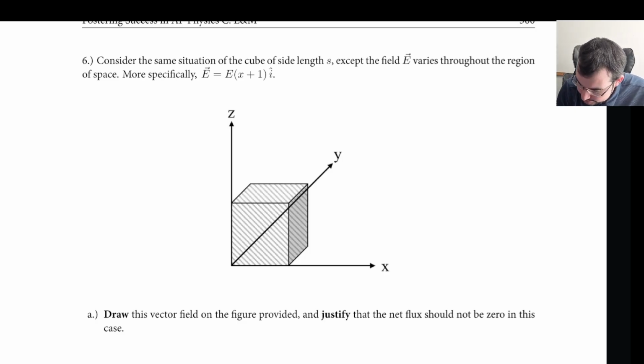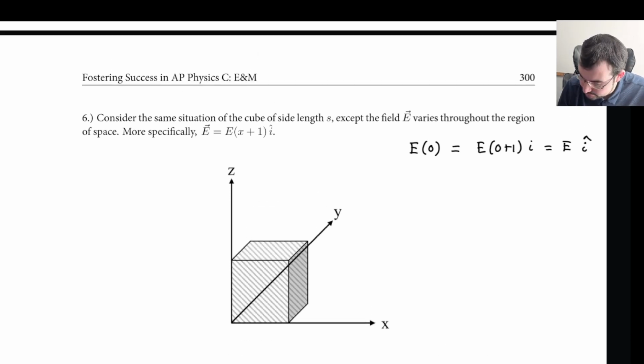If we check E of 0, that's going to be E times 0 plus 1 times I hat, which is just equal to E times I hat. And then if we check E at s, this is going to be E times s plus 1 times I hat. And we'll probably just leave it like that.